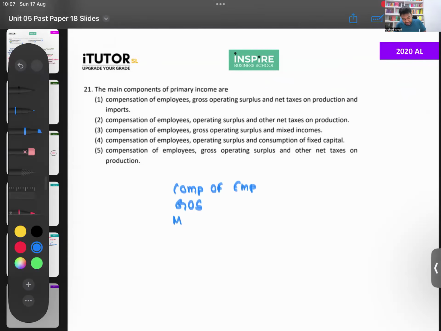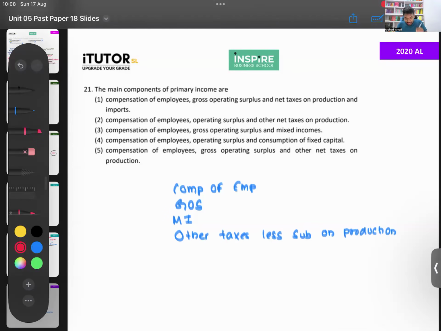You have mixed income. And then you have other taxes less subsidies on production. This is how you calculate GVA in the income approach. Compensation of employees, gross operating surplus, mixed income, other taxes less subsidies on production. These are the components of income approach GVA.